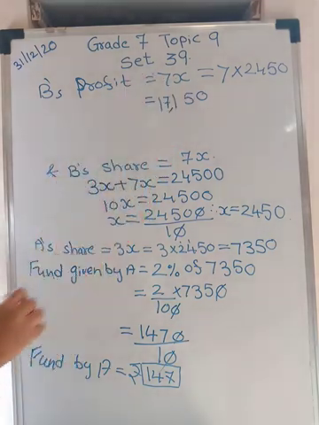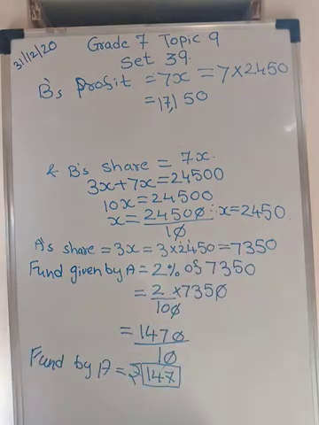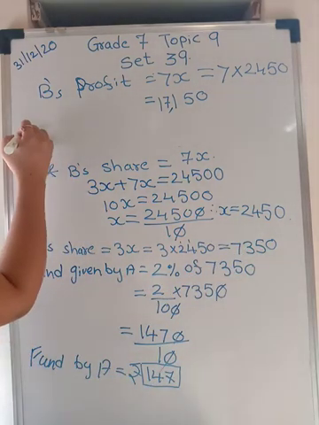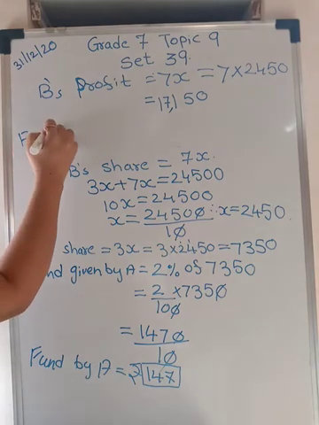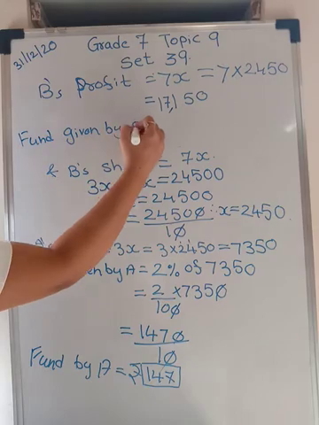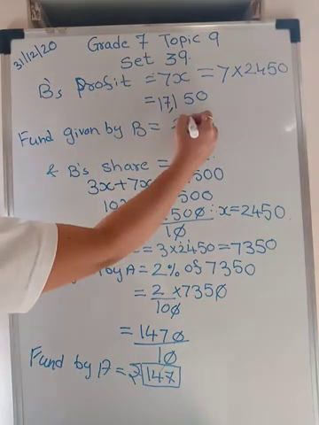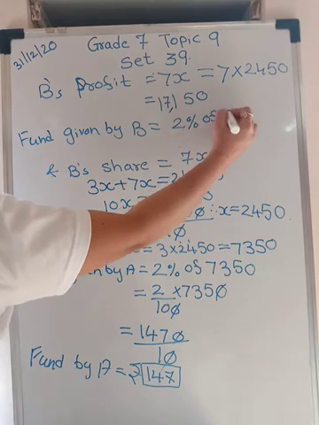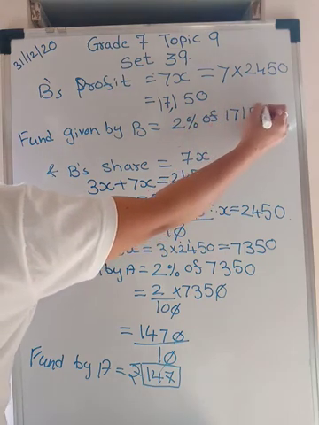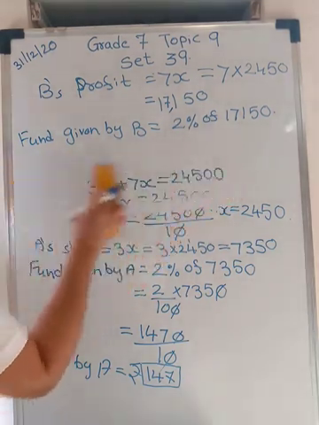So B's profit is 17,150. A's profit is 7,350. Now fund given by B. That is 2% of his profit. So it is 2% of 17,150. Alright. So how much will be given by B?